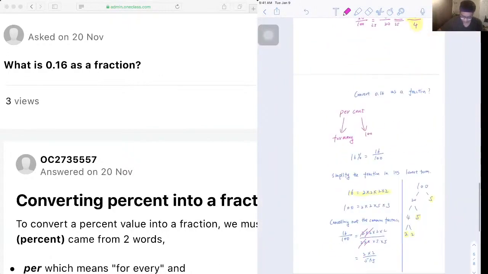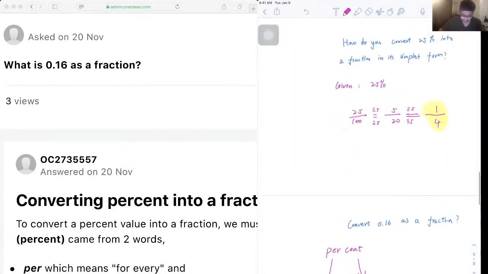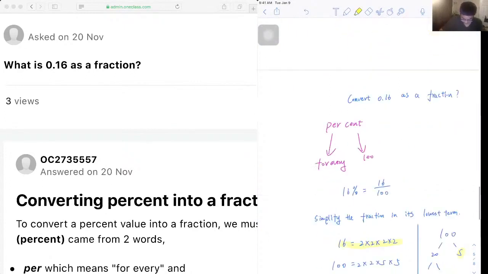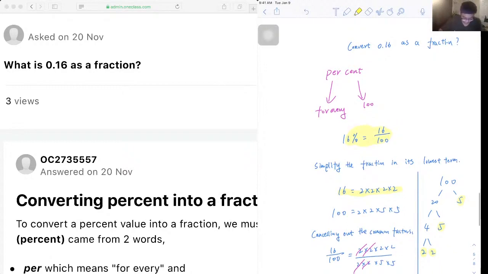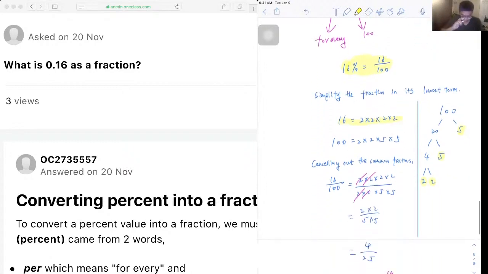And yeah, let me just go over the whole step with you guys again. So first thing, we need to write it in the form as something over 100, because that's literally what percent means, right? And then we express the numerator and denominator in its lowest form separately.